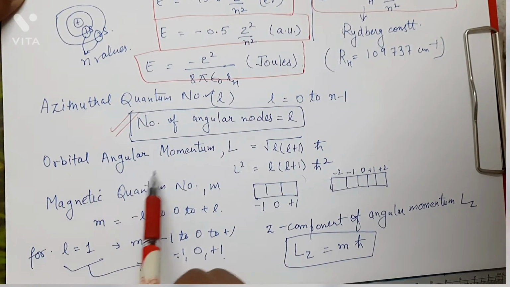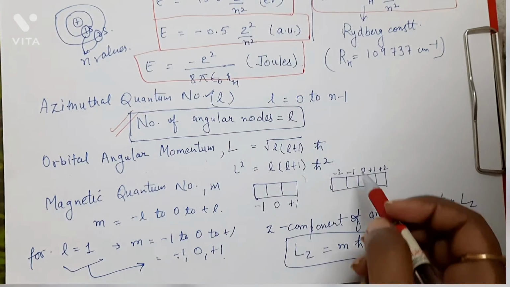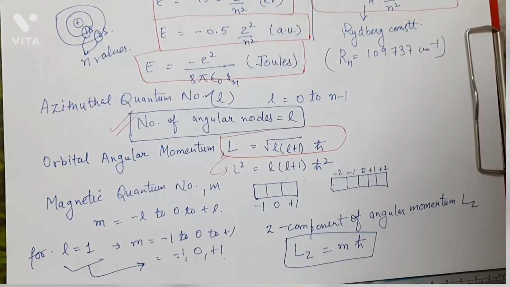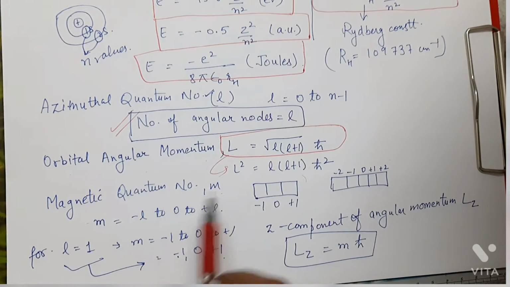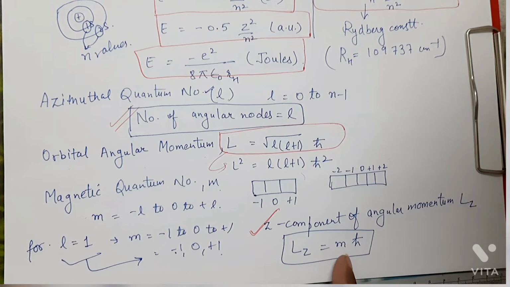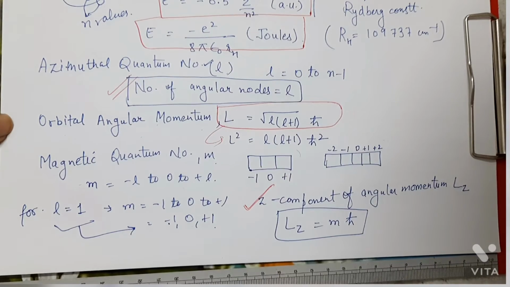Next is orbital angular momentum. You can find it out if you know the value of the azimuthal quantum number, and the formula is this one. If you square both sides, you will get this formula. And if you know the magnetic quantum number, you can find the Z component of angular momentum, Lz, that is equal to m into h cross.